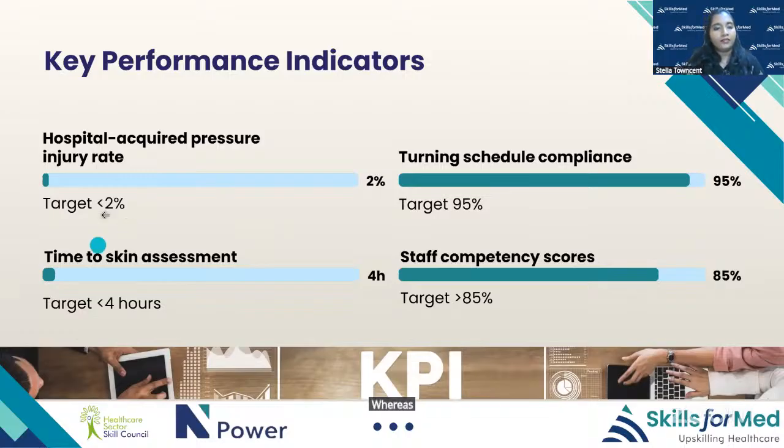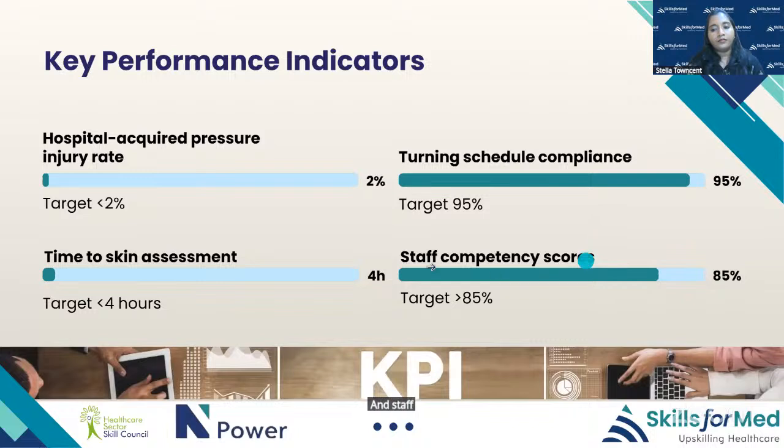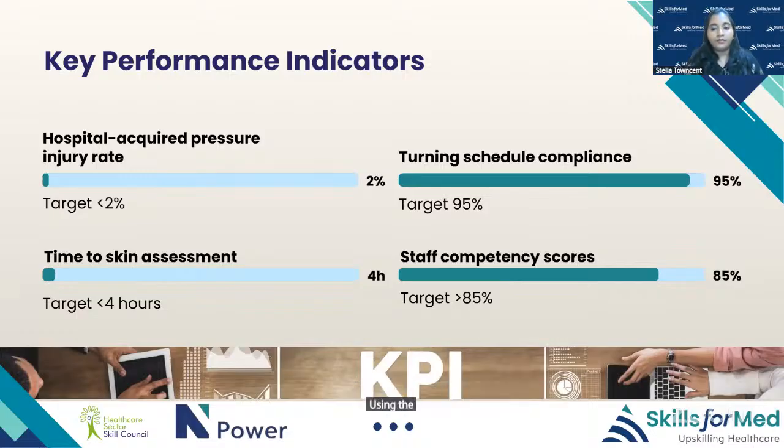Whereas these two are very important. Now you want these to be as close to 100 as possible, right? So the turning schedule compliance is close to 100%. And staff competency rates, that is their skill in offloading the pressure. You can list what skills they require, not only turning, but risk assessment, using the proper offloading devices, all those things are skills.